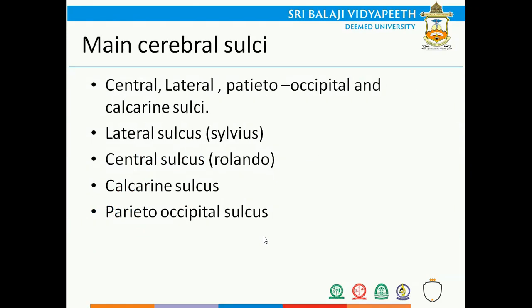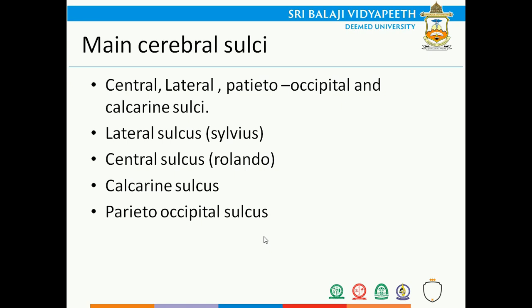So mainly there are some important sulci and gyri which we need to remember anatomically, and which are very important from our exam point of view as well as clinically. So basic sulci and gyri need to be known with their function. So it has examination value as well as clinical value.